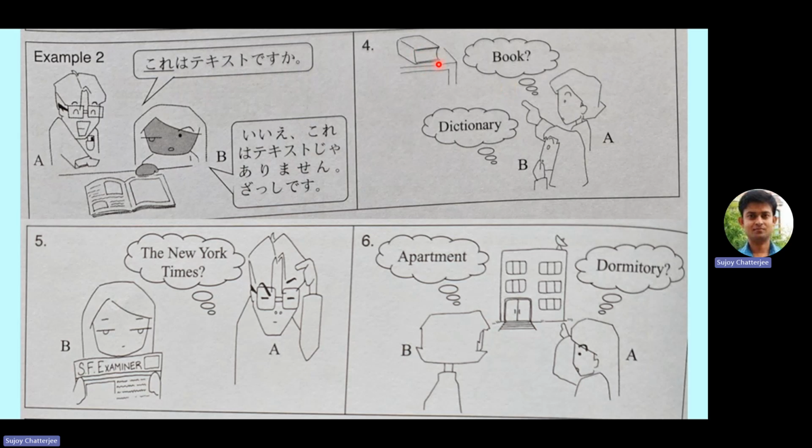It's a book, no doubt, but it's a dictionary. So the question has to be asked in a slightly different way. How? "Are wa dore hon desu ka?" That means, which book is that one? Dore means which. Dore is the interrogative for kore, sore, are. If kore is this, sore is that, and are is that over there, then the question takes this format. So "Are wa dore hon desu ka?"